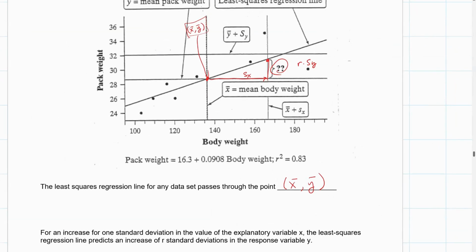So every increase of one standard deviation in x leads to an increase of r standard deviations in the y variable.